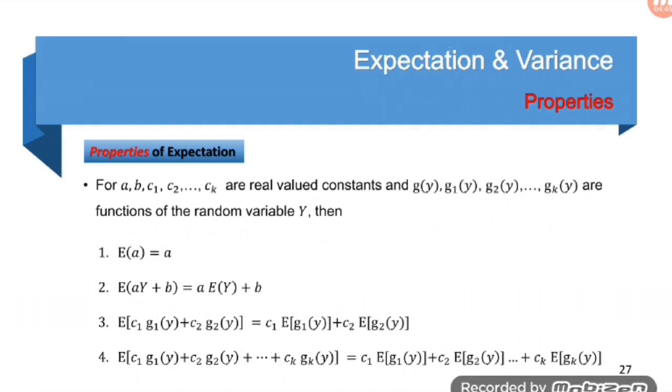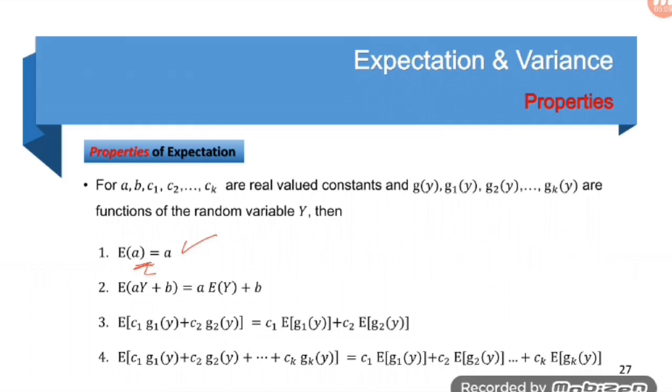The expected value of a constant is the same constant. And if we define another variable, say for example z, and z equals ay plus b, then the expected value of z will be the constant a times the expected value of y, plus b.